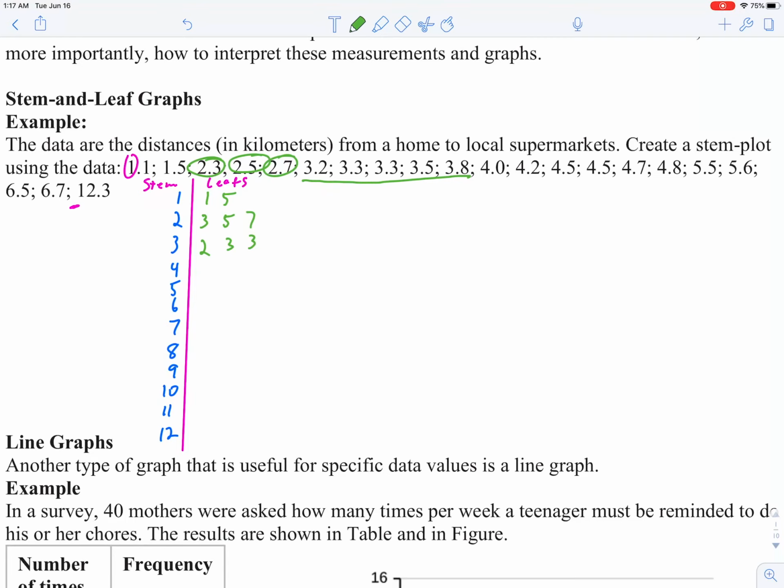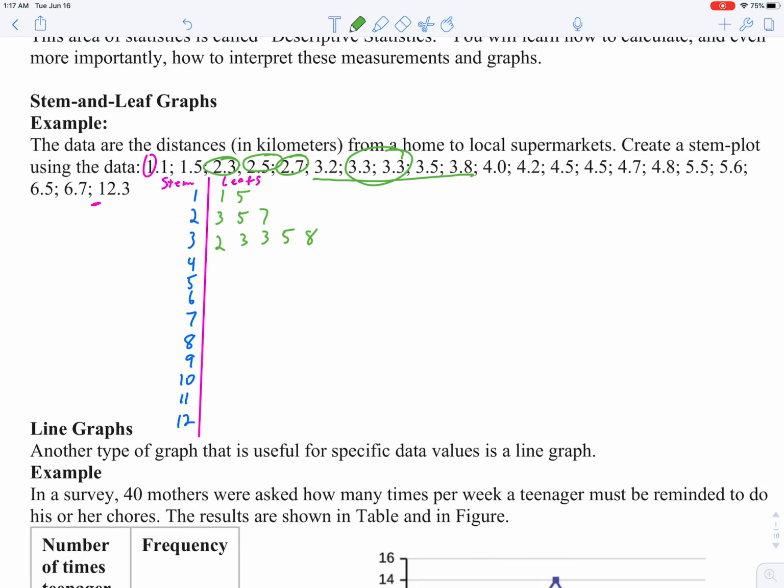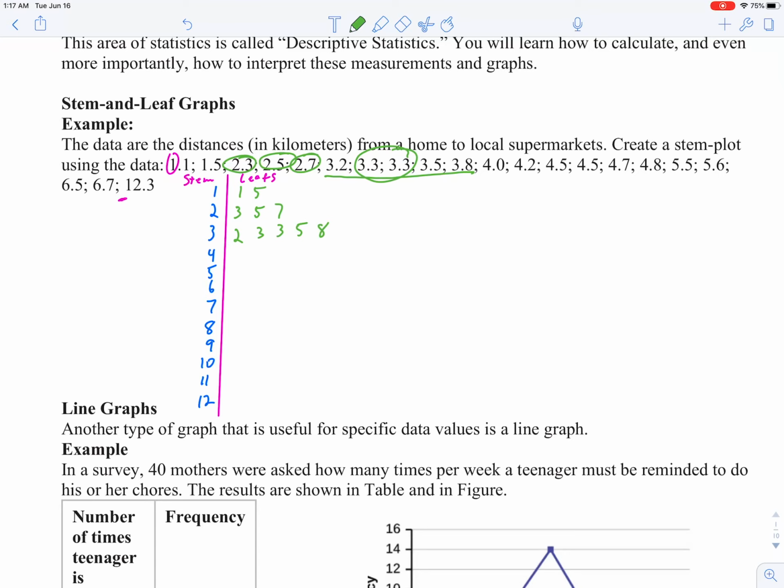So we'll put two 3's in there representing these two, and a 5, and an 8. Then we go on to the 4's. So we have 0, 2, 5, 5, and 7. Oh, and 8. There we go.